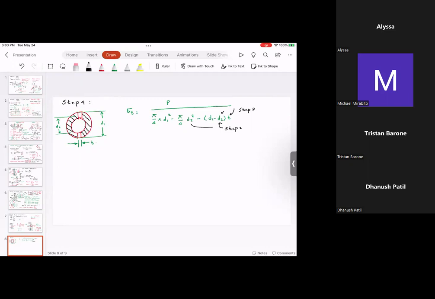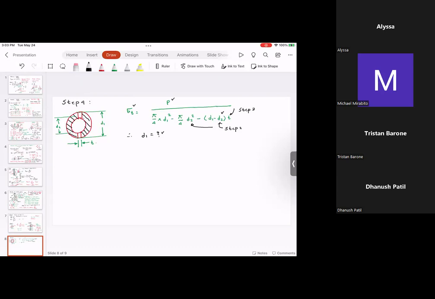Value of D2 is known from step 2. So the only unknown in this equation is D1. Because value of P is given to us, value of sigma T we can find out from the design data book. And once we substitute all these values, we are going to find out the value of D1.